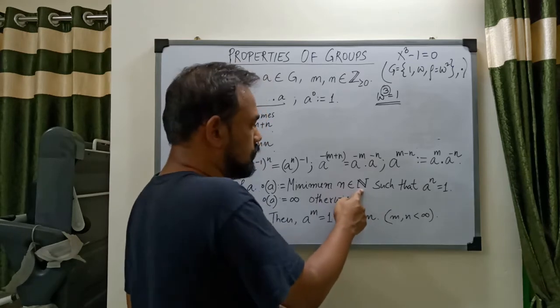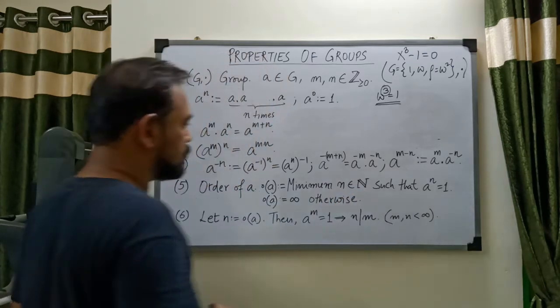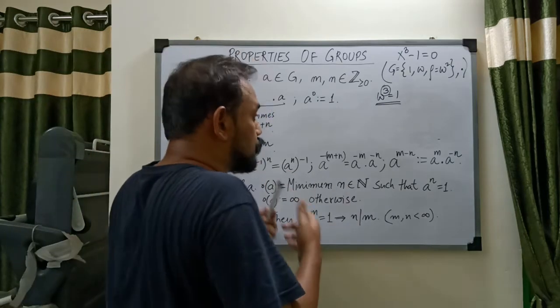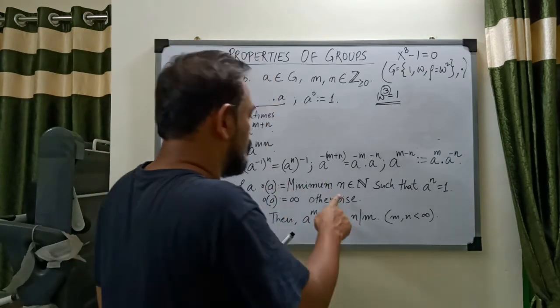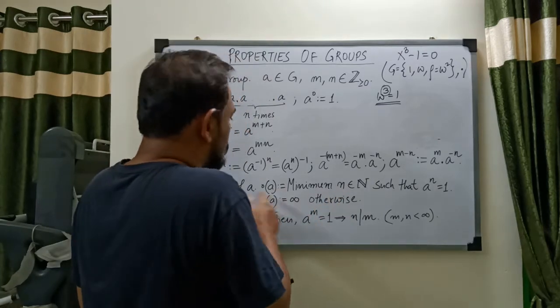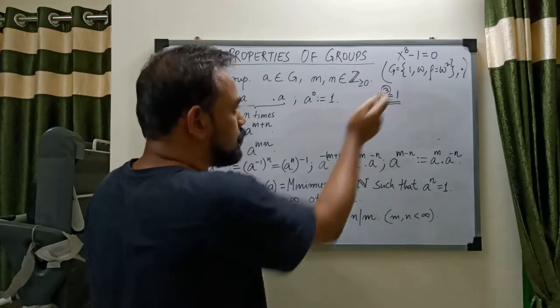Actually, it should be a positive integer, because when I say non-negative, it includes 0, and a to the power 0 is always 1, so I don't want zeros here.